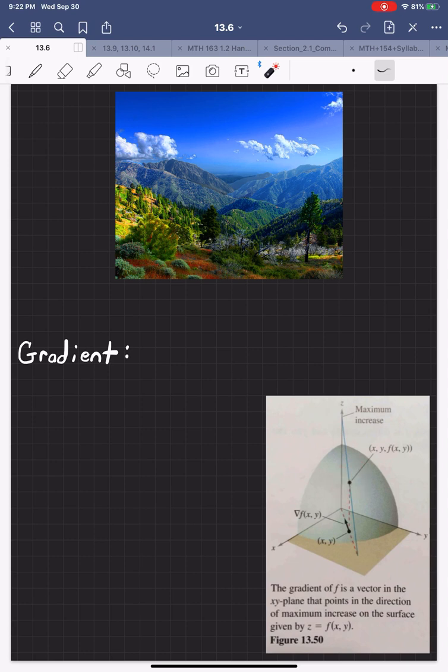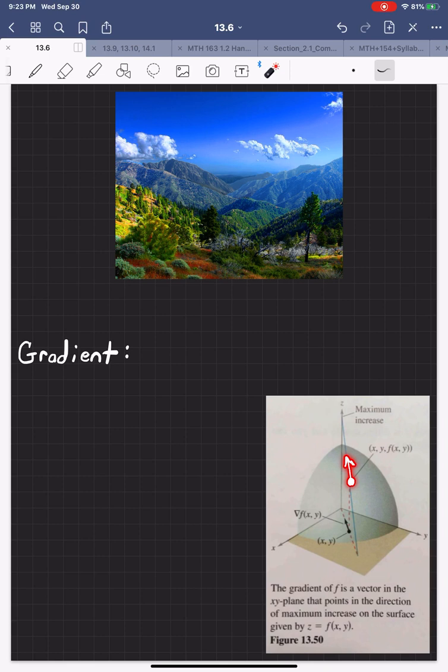Now, let's agree, though, that from here there is one direction that you would want to go if you wanted maximum increase. There's lots of directions that you could go if you were standing here, but there's one direction that would be maximum increase, the maximum slope.